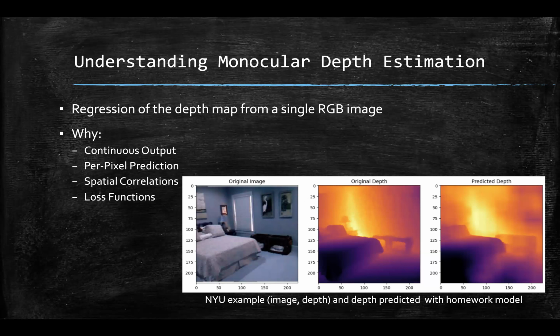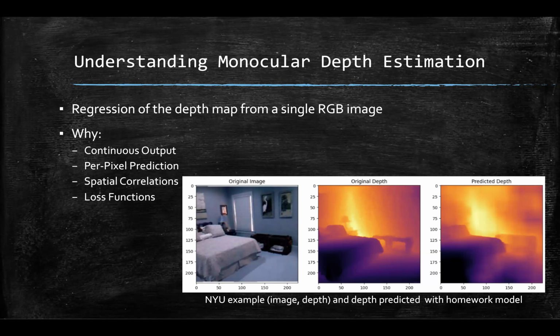That's why it is natural to seek help from the convolutional nature of convolutional neural networks. Semantic segmentation is also a dense prediction task, so we can use methods developed for semantic segmentation, for example UNet-like architectures, to try to solve the different but somehow connected problem of depth estimation.